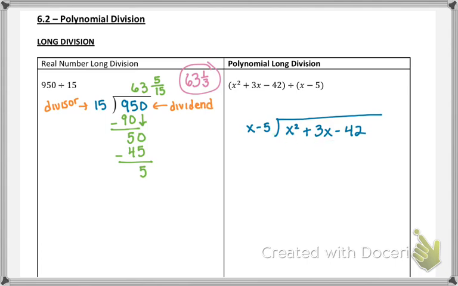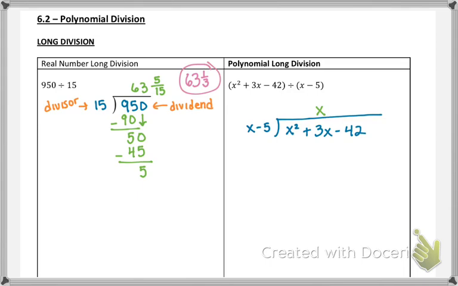And the first thing we're going to do is think about, okay, I want to do the same thing as I did here. I want to multiply x minus 5 by something so that I can subtract away at least this x squared when I subtract. So think about x times what will give me x squared, so I can subtract it away. And your answer would be x.